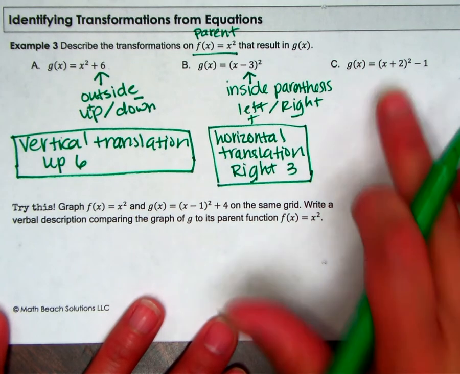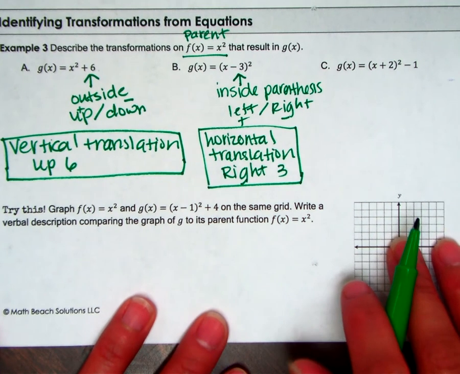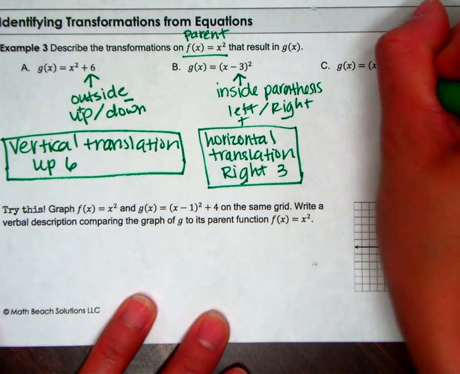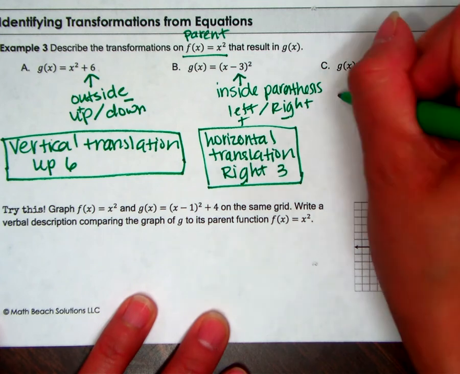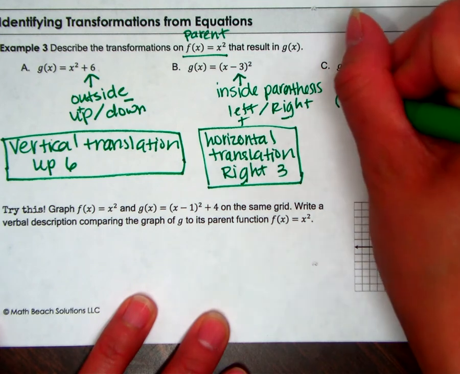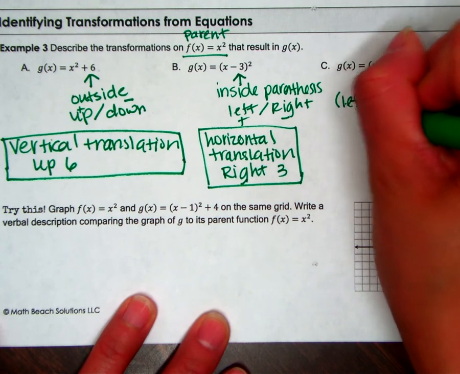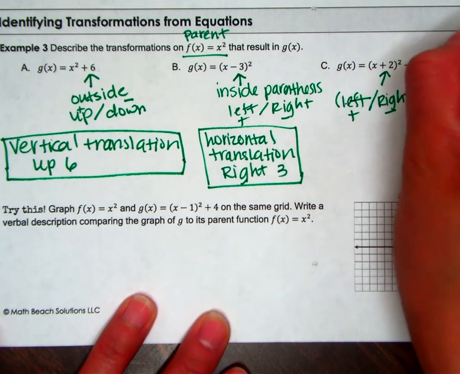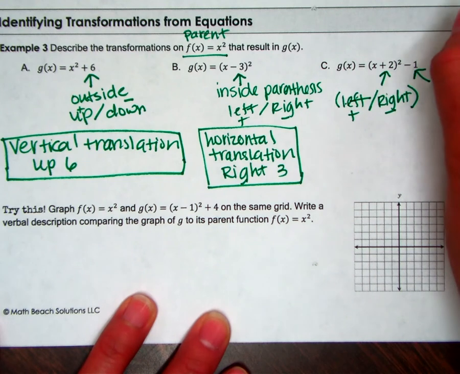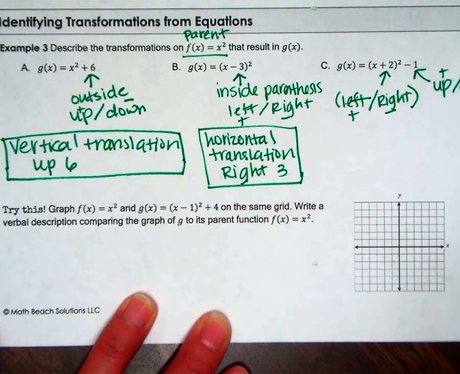And here, the last example, there are 2 transformations going on. So in the last example, I see a plus 2 on the inside. So remember, on the inside of the parentheses, you're moving left if you see a plus sign, right if you see a minus sign, and on the outside you're moving up or down. Up is plus, minus is down.